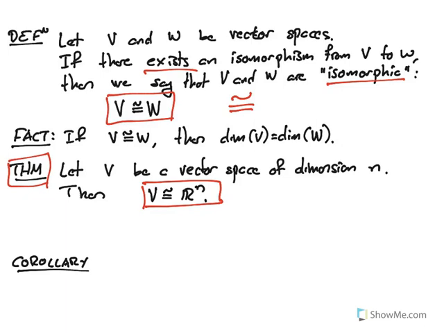And the vector space isomorphism in this case is simply the coordinate map given by any basis.